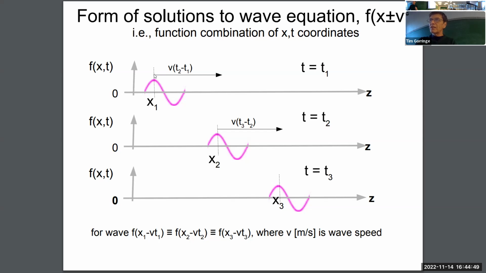So this is at T1, if we wait some time to T2, then this is what that profile looks like. It's just displaced along the length of the string. If we wait from time T2 to time T3, then we just see this propagation, this disturbance at some later time. And so that's really what we mean by a wave equation. It's not some completely independent function of space and time. It's this combined function of the space and time coordinates.